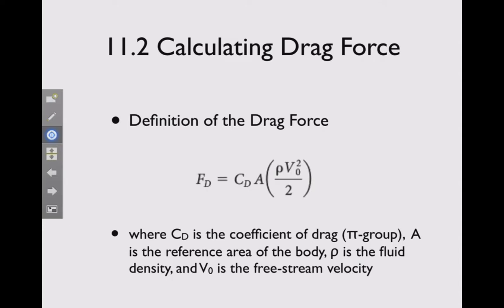And then of course we have this term here, which looks like the kinetic energy to some extent. It's got the density of the fluid and the free stream velocity. So this is basically kind of an energy density term.